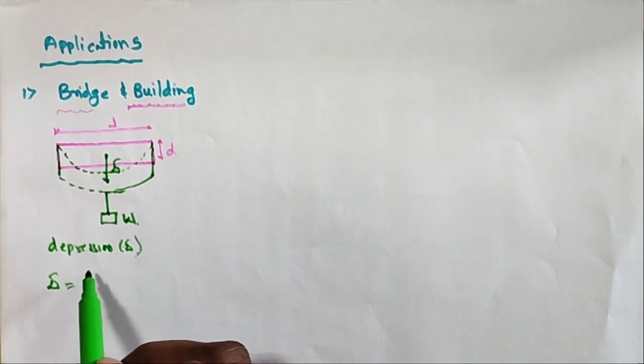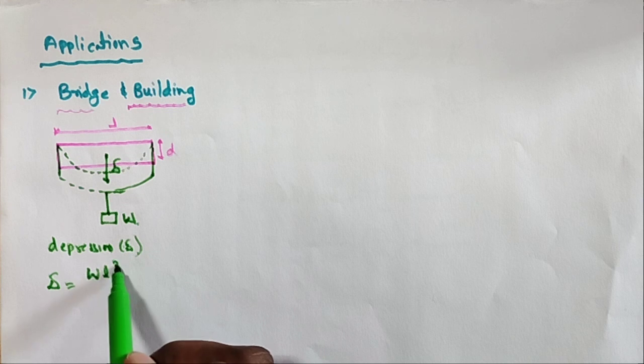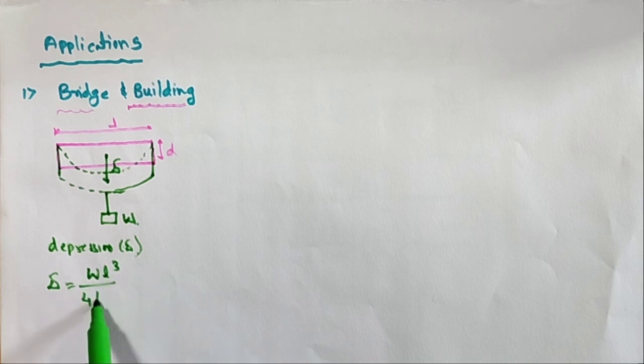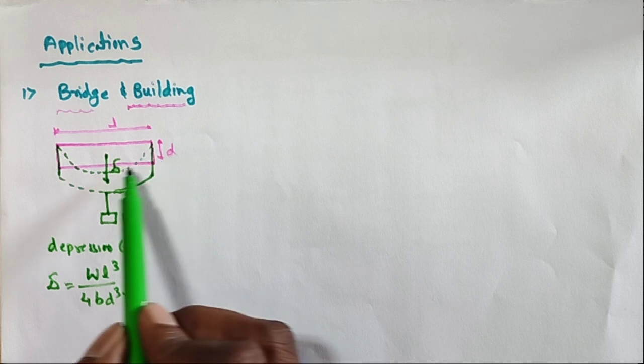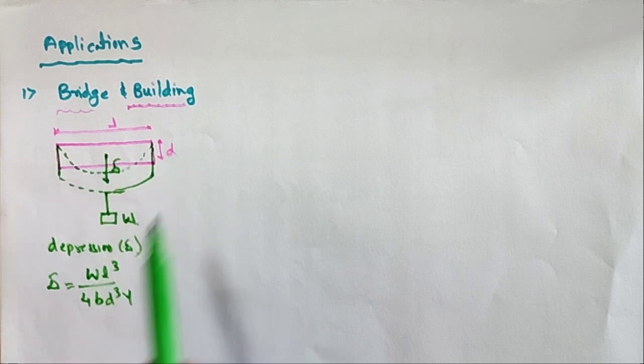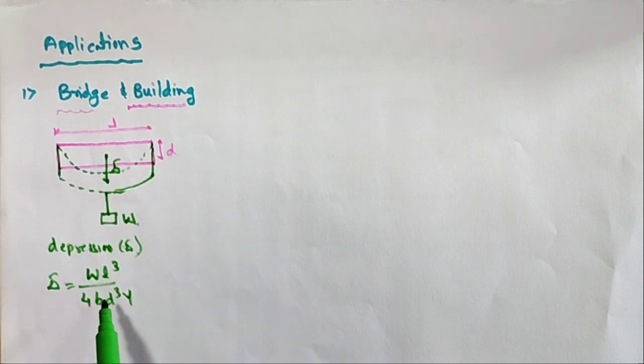What is the depression here? Delta is equal to W L cube by 4 b d cube Y, where W is the weight of the object, L is the length of the bridge, b is the breadth, and d is the depth. So what is the condition?